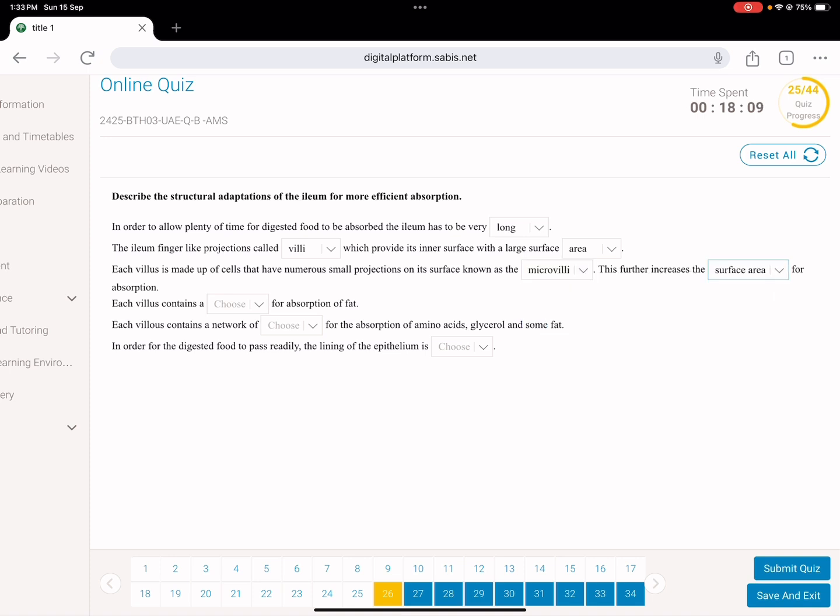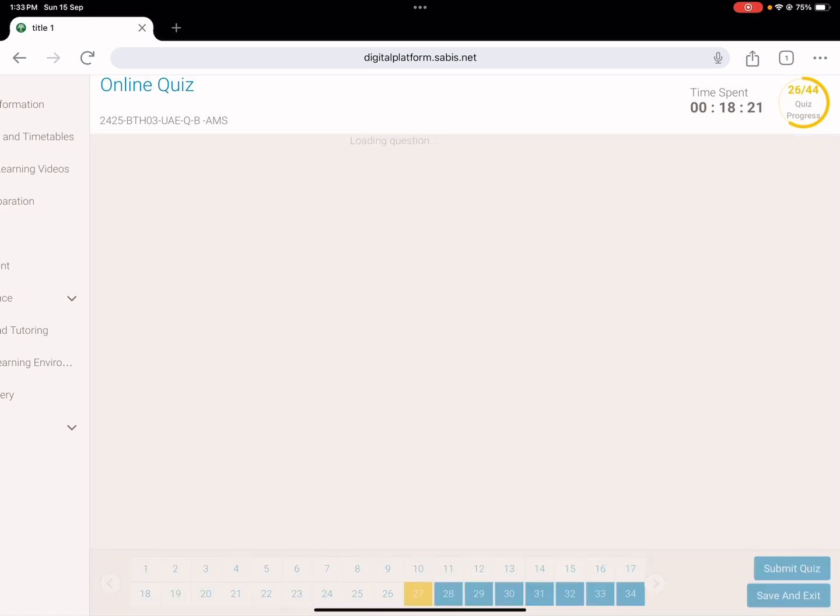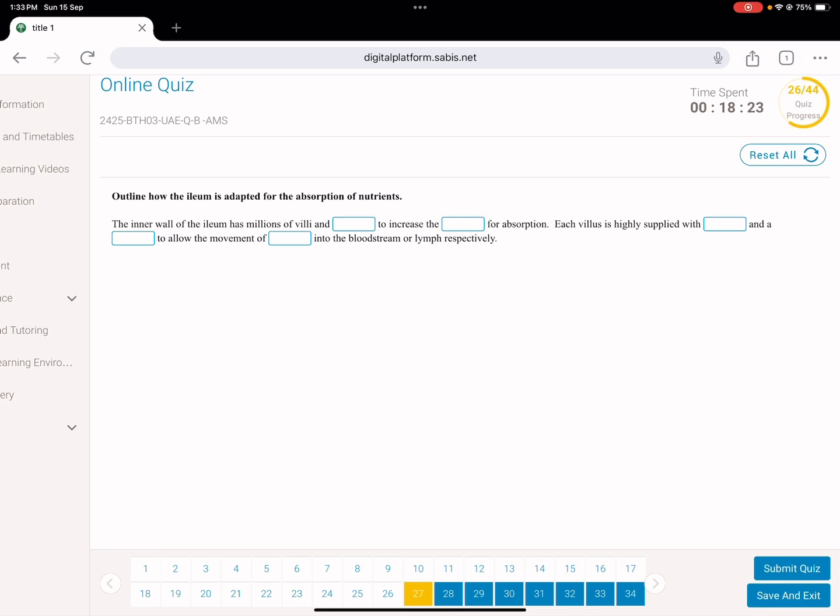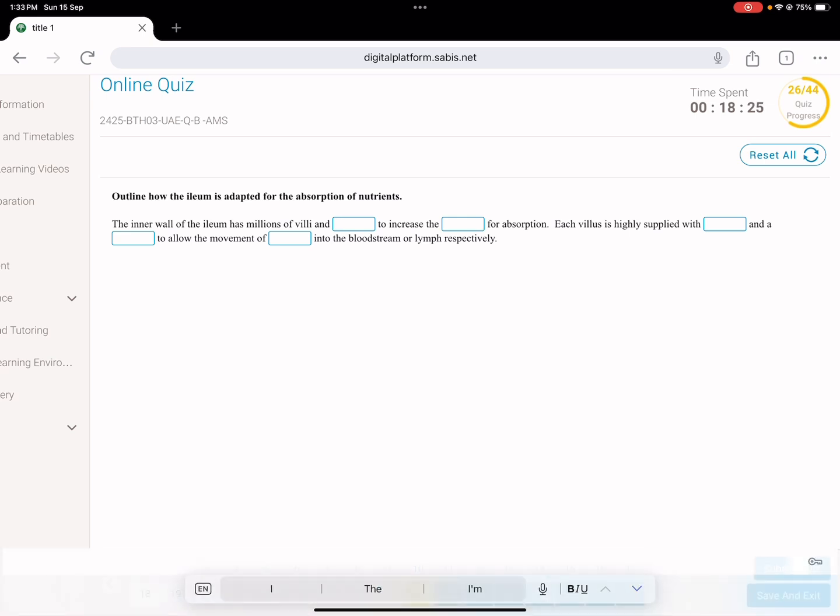Each villus contains, remember, for absorption of fat, it's going to be a lacteal, while for amino acids, glycerol, and some fats are blood capillaries. And finally, the lining, we said, has to be very thin. So the inner wall has millions of villi and, of course, microvilli. Pay attention again for the spelling to increase the surface area.